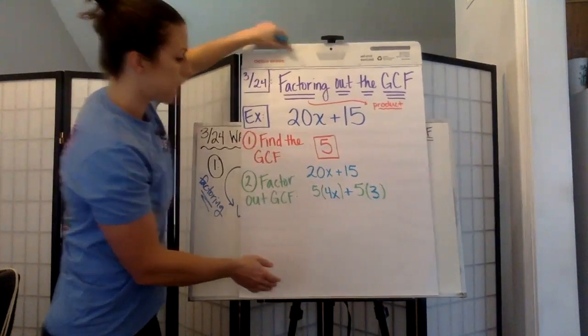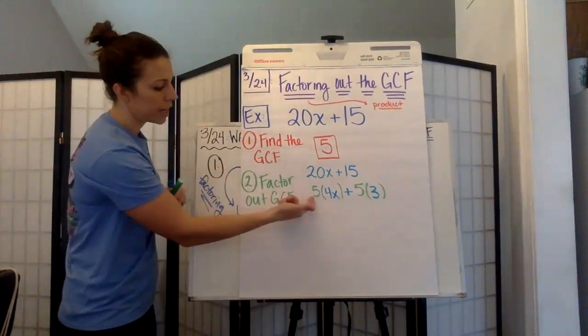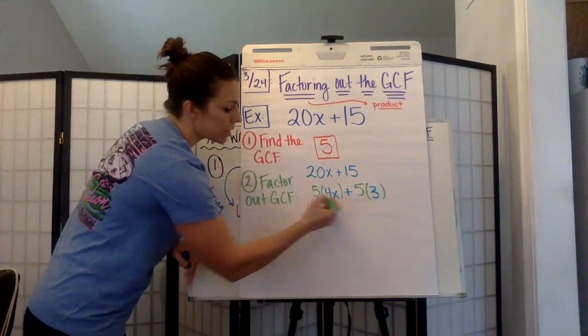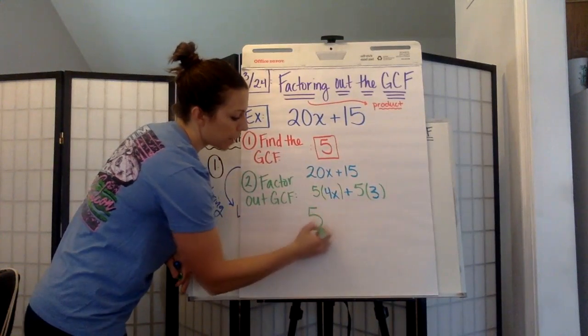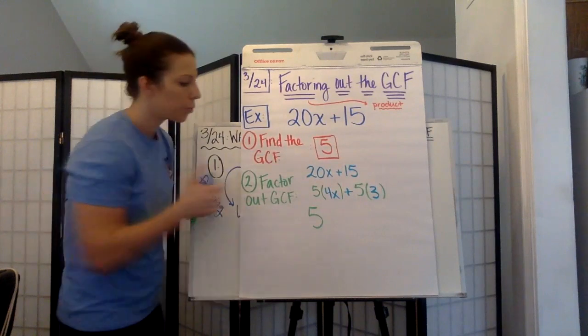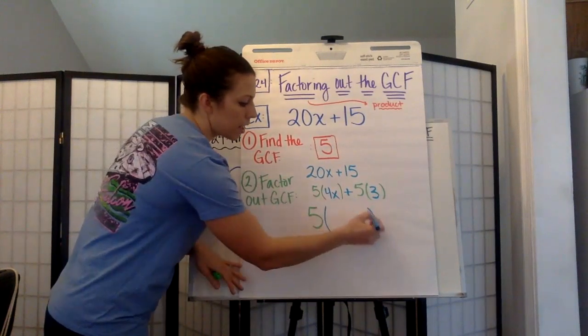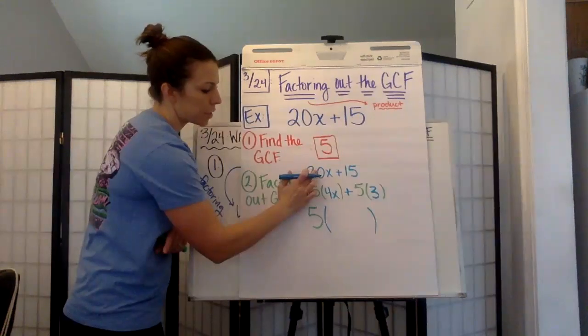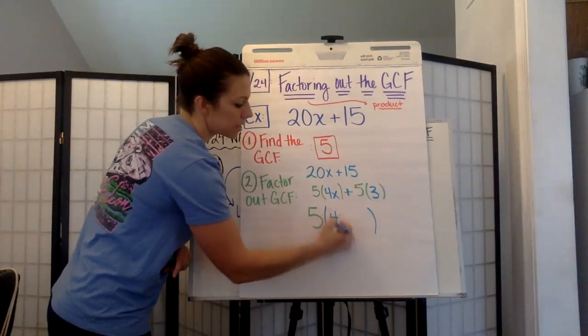So coming back to this, our common factor here is 5. Notice how 5 is in both of them, so we're going to pull out 5. And then what are we left with? 5 times what gave me 20x? 4x.